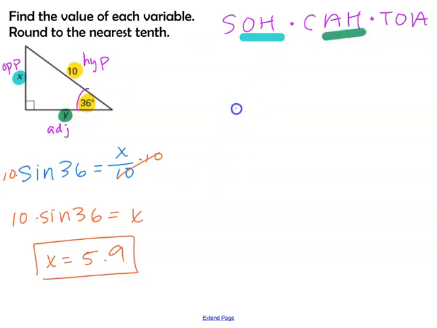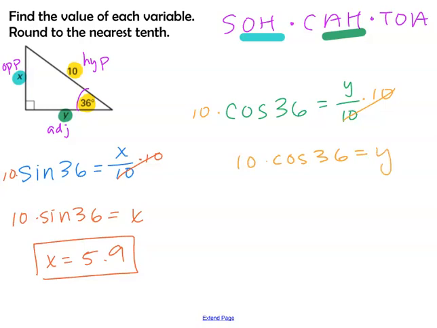So we want to set up the cosine of the angle is equal to the adjacent side over the hypotenuse. So now that we have our equation set up, in order to solve for y, we're going to multiply by 10 on both sides. So these 10s cancel out, and we have 10 times the cosine of 36 is equal to y.